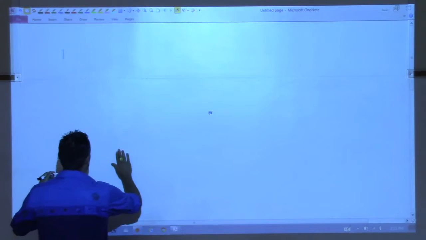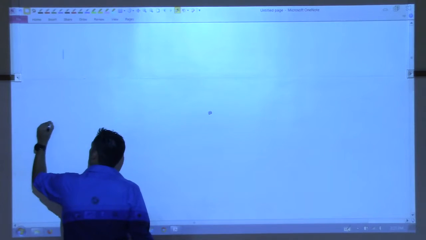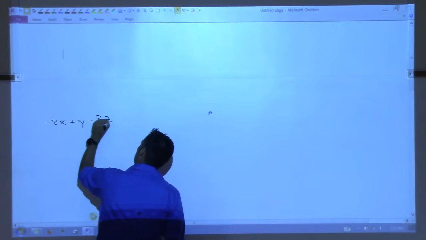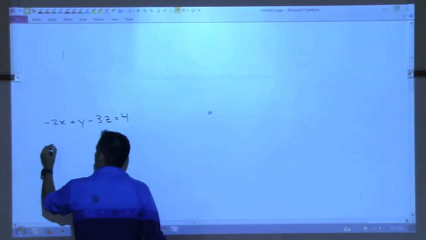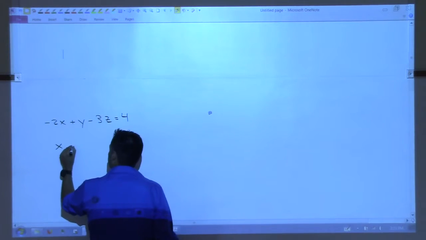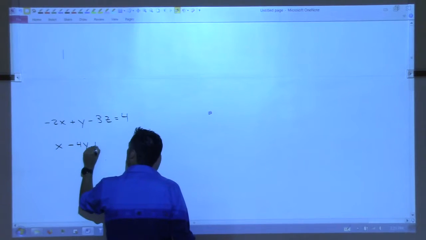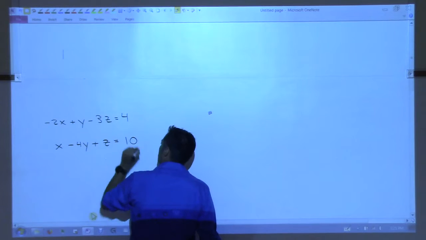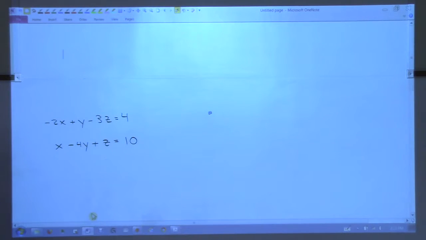So let me just give you two arbitrary planes. Negative 2x plus y minus 3z equals 4. And then x minus 4y plus z equals, let's go with 10. So I'm giving you two planes. Are these planes parallel?